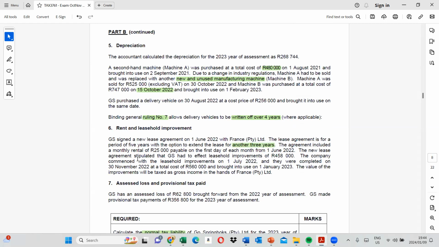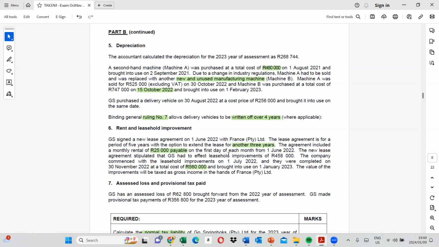The agreement included a monthly rent of 25,000 payable on the first day of each month from the 1st of June. The new lease agreement stipulated that GS had to effect improvements of 458. The company commenced with the leasehold improvement on 1st of July 22, and they were completed 30 November at a cost of 560. So there's a lot of things that we have to look at.